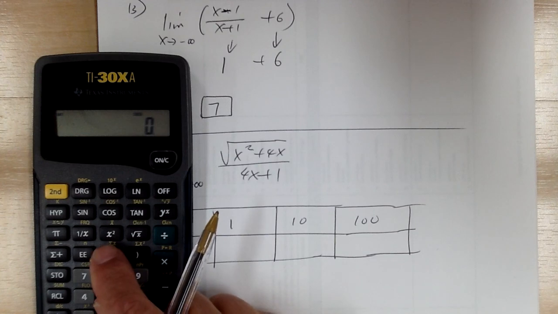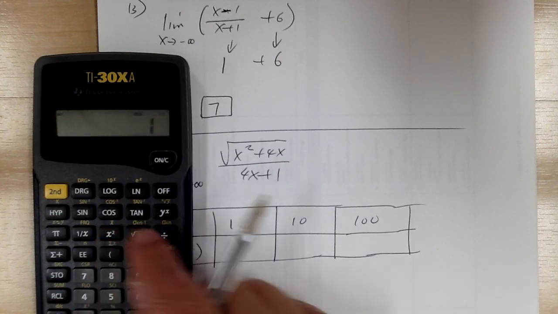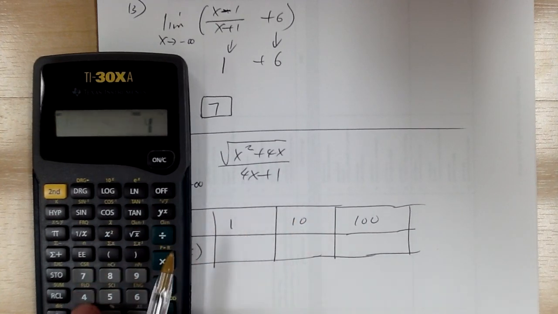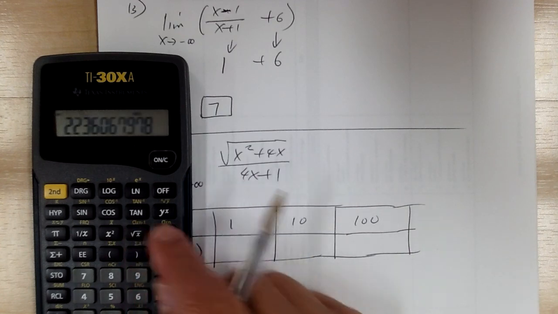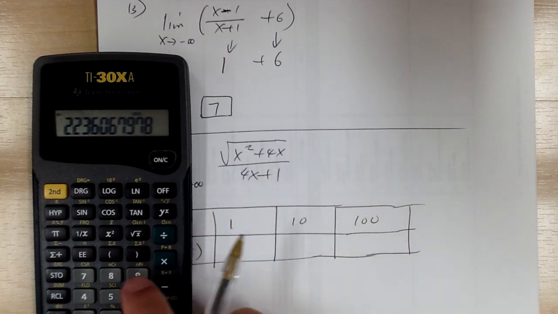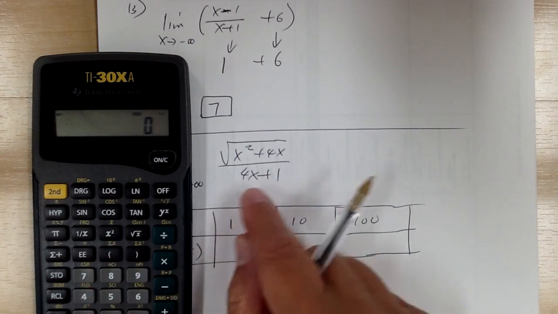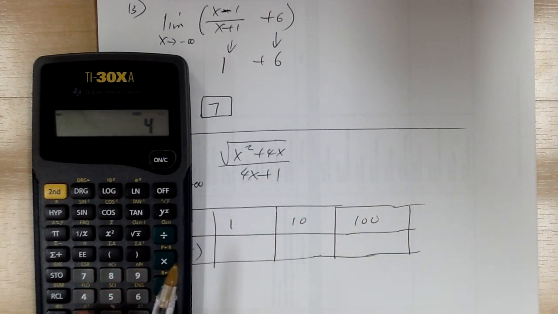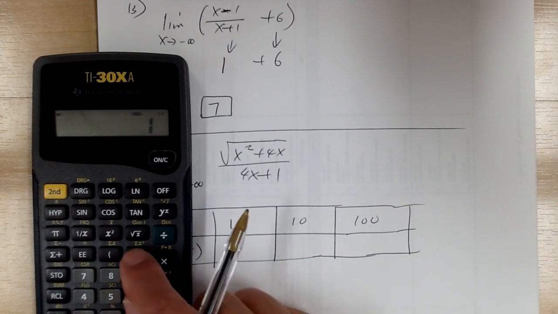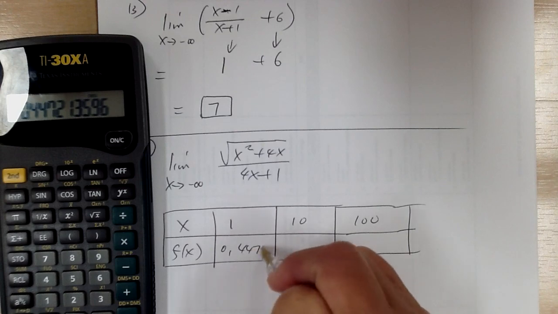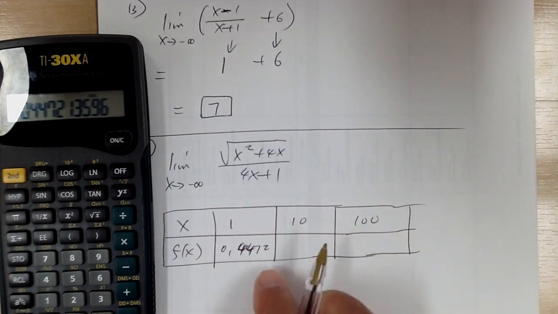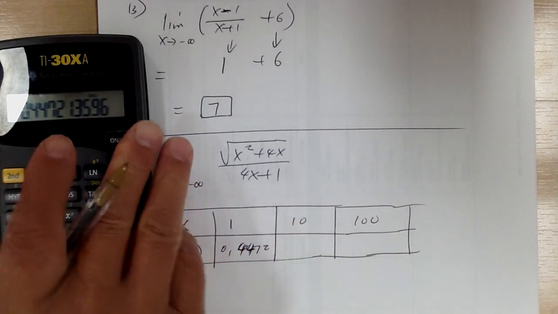So parentheses 1 squared plus 4 times 1, closing parentheses, equal, and take the square root, divided by the square root of the bottom, which is 4 times 1 plus 1, closing parentheses, equal. So this gives you 0.4472. You want to get about 4 decimal places, which should be fine.